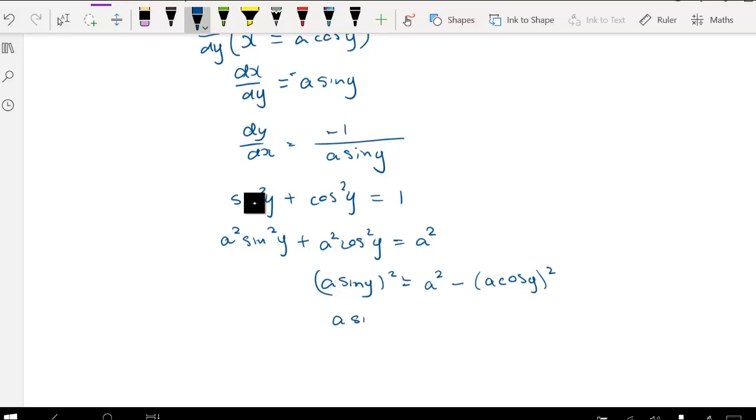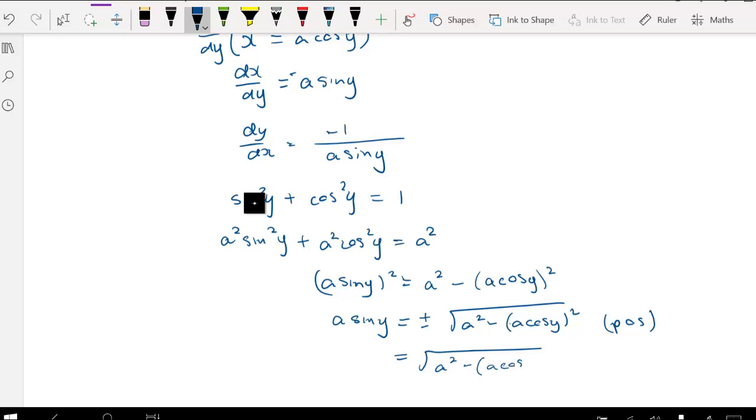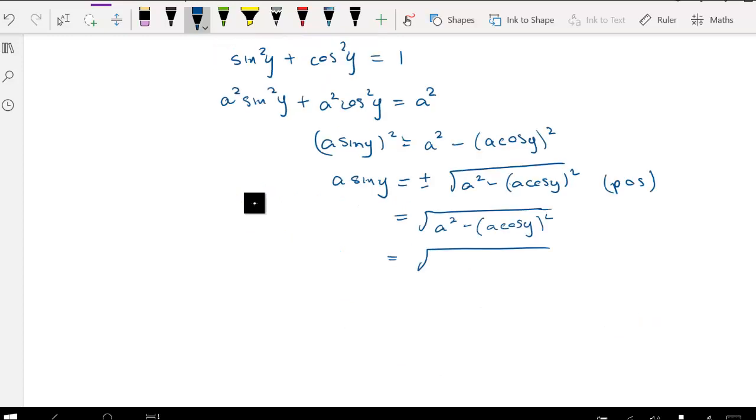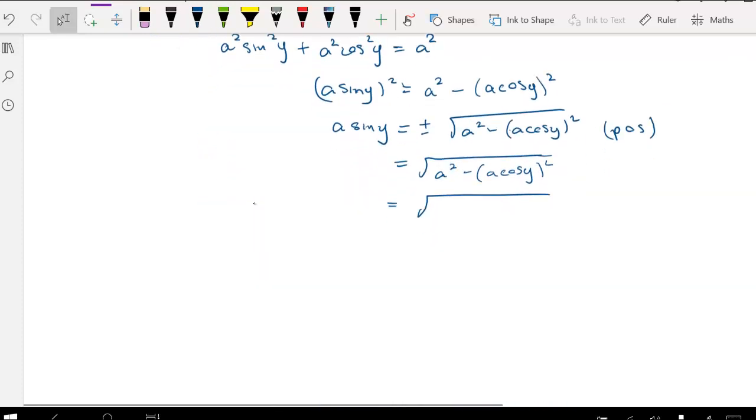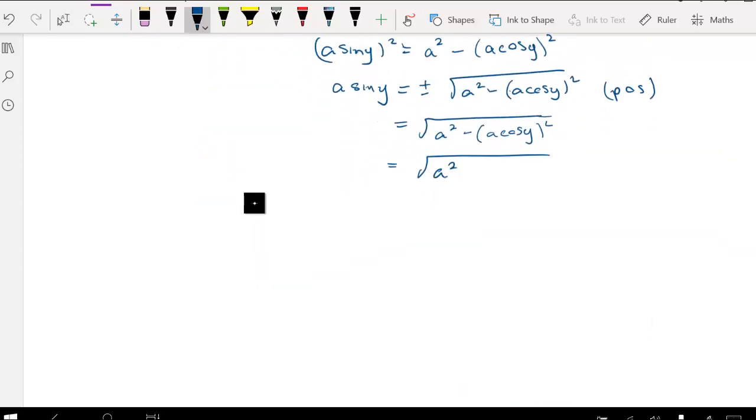So finally, a sin y is equal to plus or minus the square root of a² - (a cos y)². Now, again, we said that a sin y must be positive, so we can get rid of the plus or minus. So we have the square root of a² - (a cos y)², and since a cos y is equal to x, as stated earlier, we end up with the square root of a² - x² as a sin y.